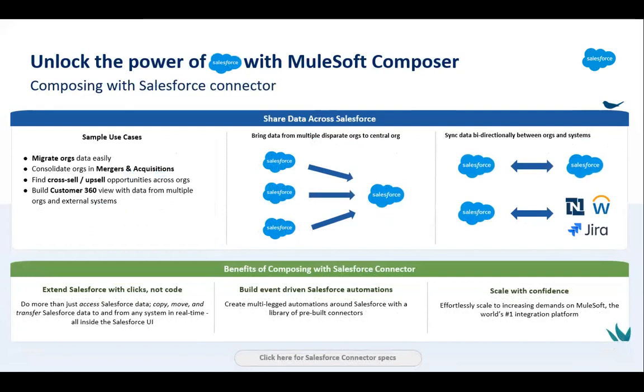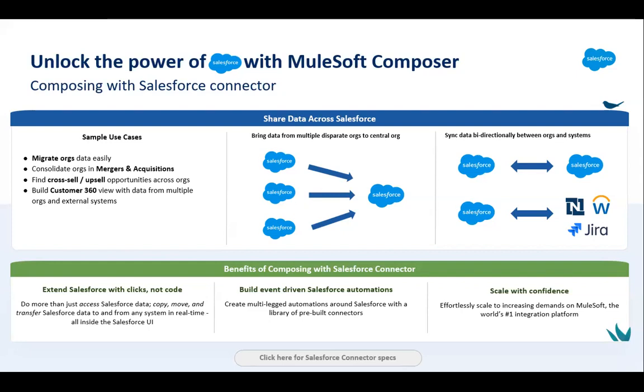So the power of MuleSoft Composer is that it can help connect two Salesforce instances with bidirectional sync between two orgs, or else connect multiple instances to a single primary instance, where the entire data can be pushed back to the primary. A simple use case is similar to what I mentioned earlier.